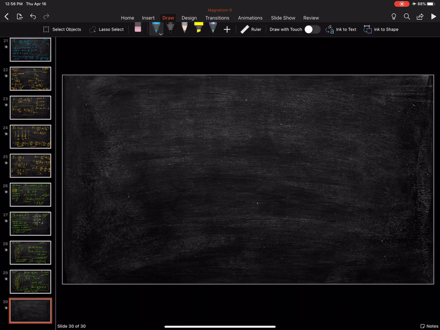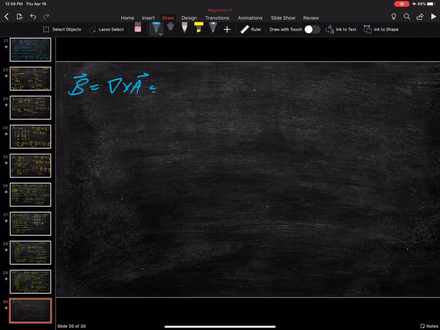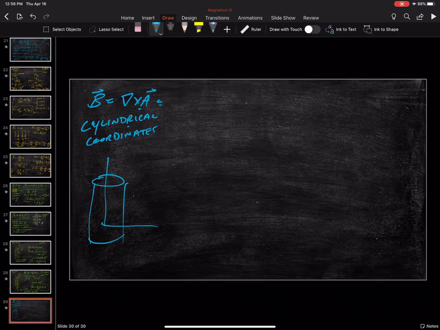In order to do that, I need to take the curl. And in this case, it's better to do it in cylindrical coordinates. Cylindrical coordinates where you take r, which is this distance, phi, which is this angle, and then z.